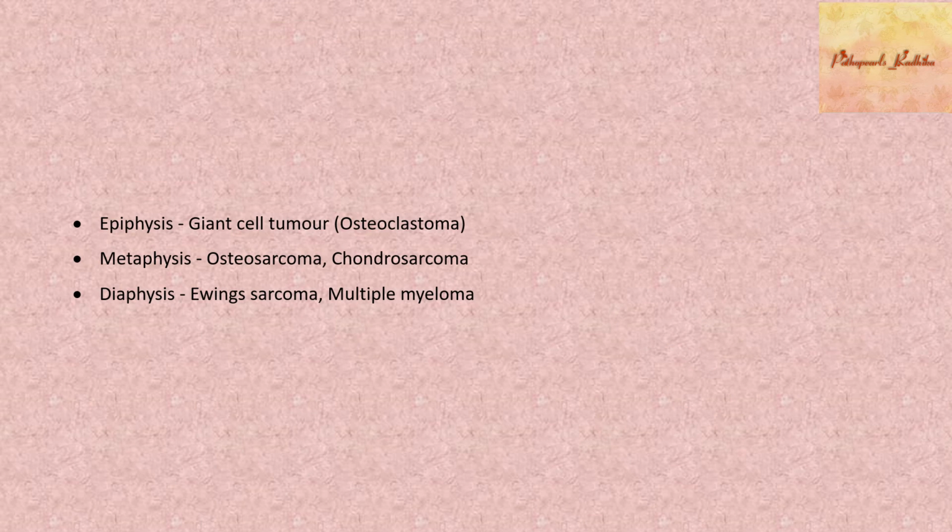This again is a very important thing. In the metaphysis, you get osteosarcomas and chondrosarcomas, the malignant tumors, and in the diaphysis, you can get Ewing sarcoma and multiple myeloma. I hope this video was helpful for you.